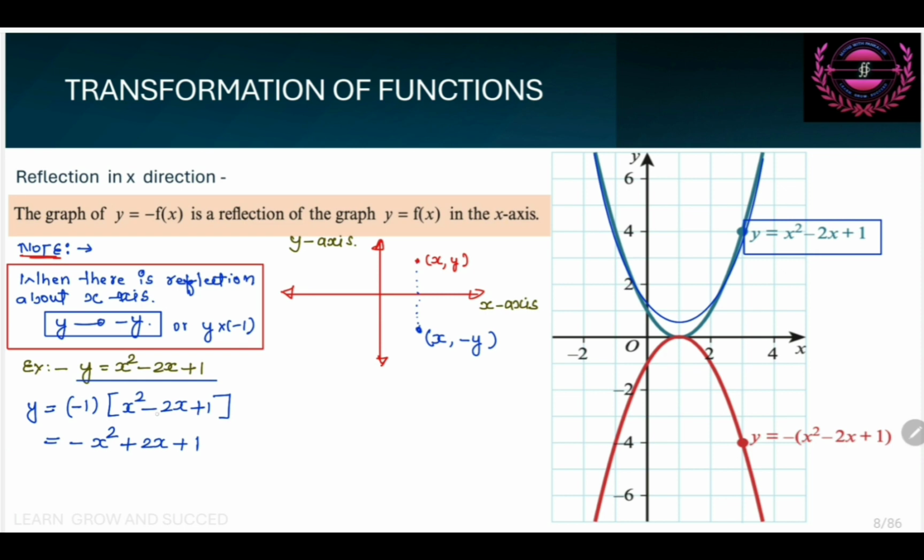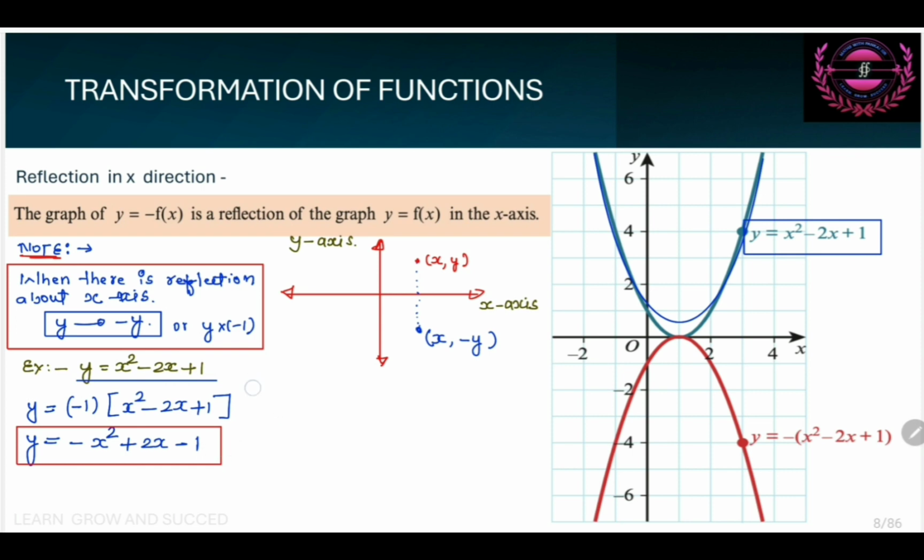Sorry, minus times minus is plus, and minus times plus is minus. So this is my graph after reflection in x direction. So this is the graph after transformation.